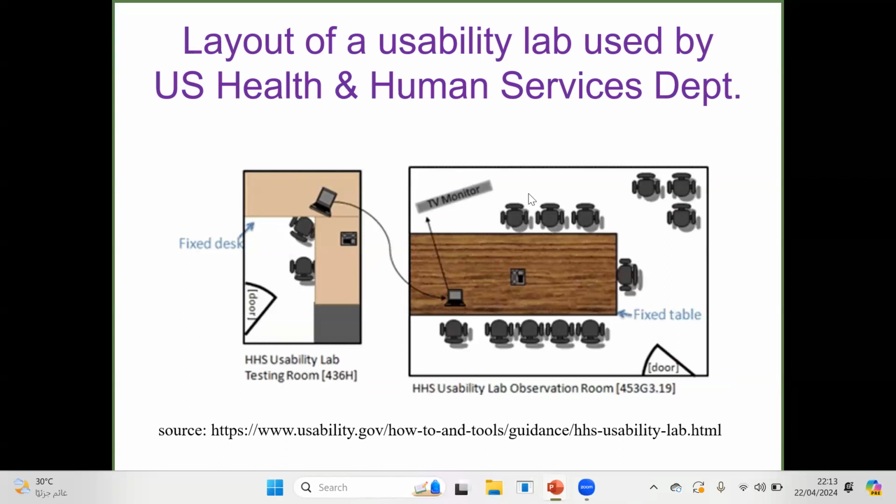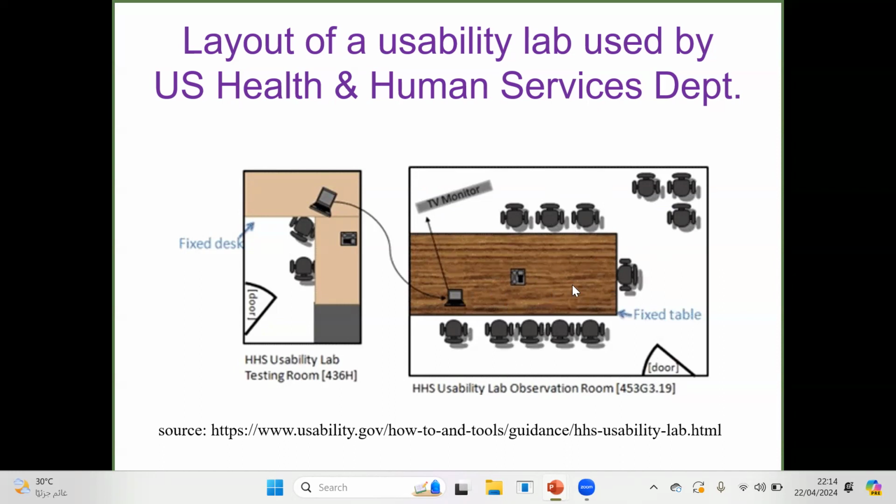The layout of a usability lab is given in this slide, where we see a usability lab and an observation room. The observation room is equipped with a TV monitor and has sufficient space where the participants can sit and interact.